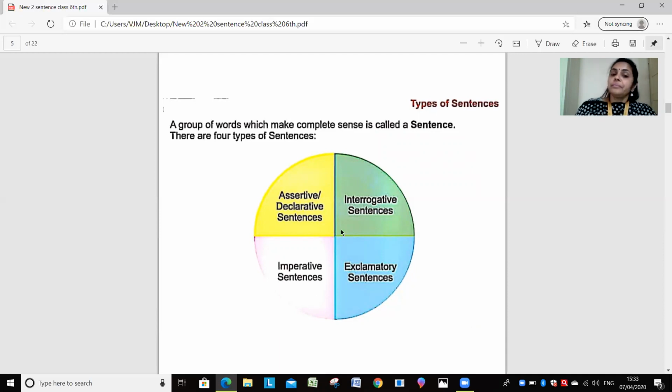These are the 4 types of sentences we always use and we always see. But otherwise, there are 5 types of sentences, and the 5th type of sentence I will tell you at the last.